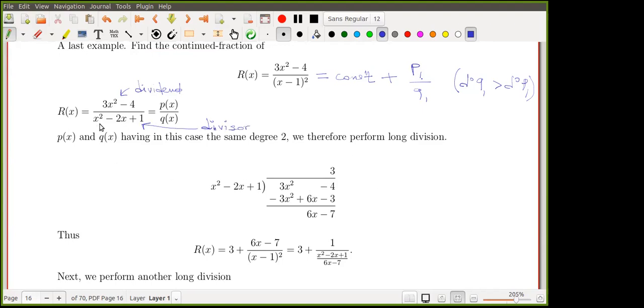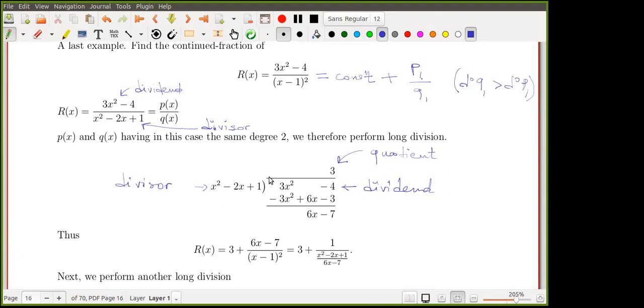So we take our divisor here, and here we write our dividend. Okay, so this will be the quotient. And we start the division.